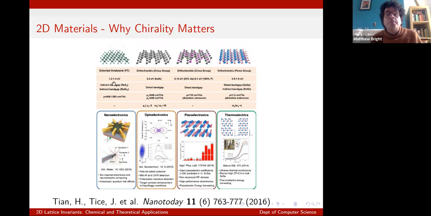But when you do, there are immensely useful properties. They behave interestingly under pressure in different directions. So there's a piezoelectric effect. They might have electrical resistivity that's different in different directions, or in different orientations of them as layers. And it's not hard to imagine the various ways in which you could usefully apply something like that.